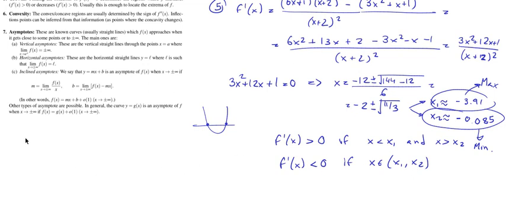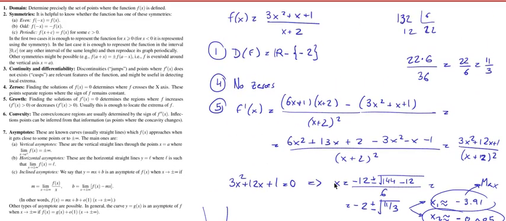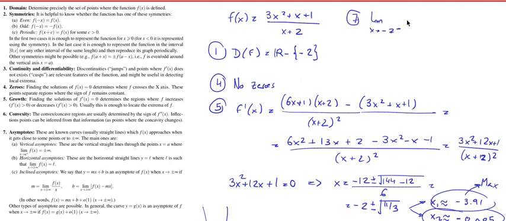We just need to compute what happens at the asymptote. The limit when x goes to minus 2 on the left of f: it's 12 minus 2, 10, plus 1, so the numerator is positive, and the denominator is negative, approaching 0, so this is minus infinity.